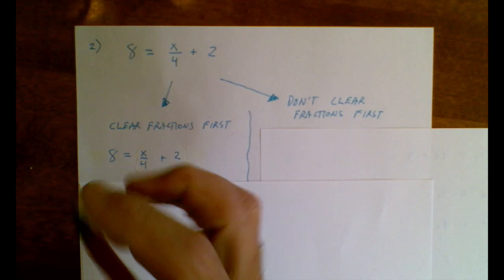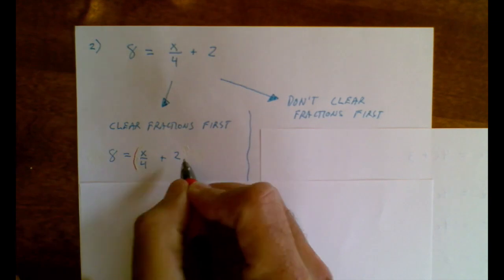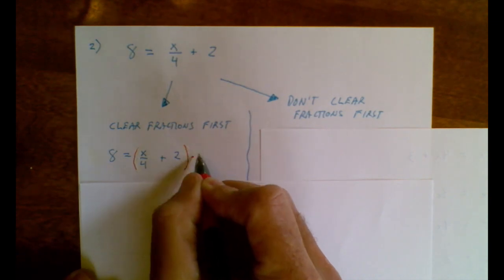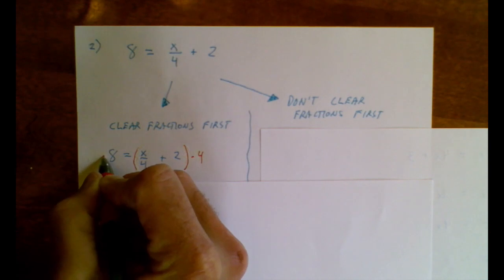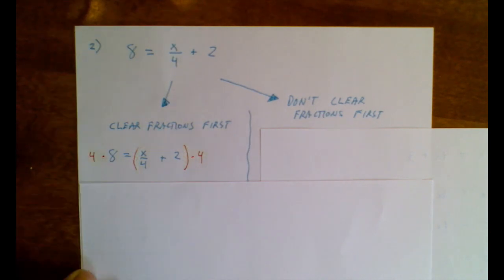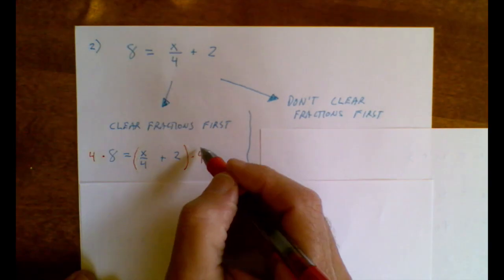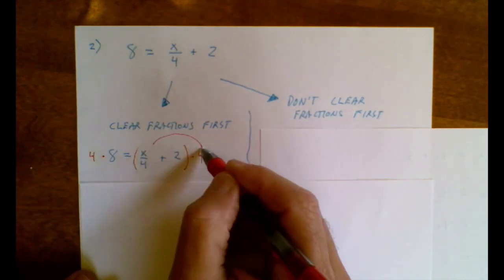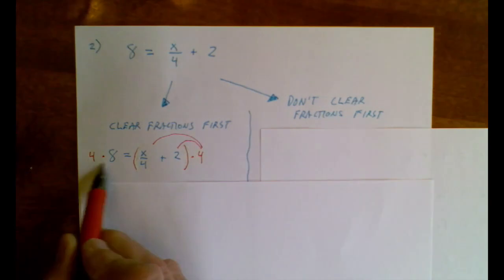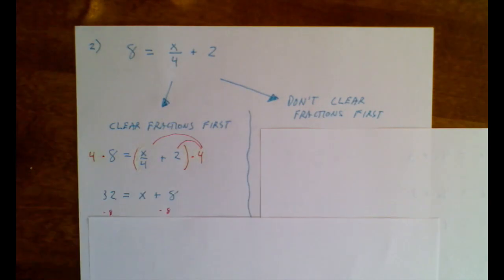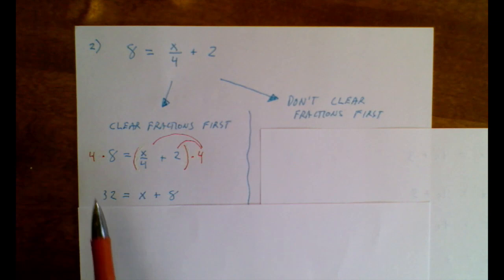Here's my original equation. To get rid of the 4, I multiply the entire right side by 4. And remember, in an equation, anything you do to the right side, you must do to the left side. So when I do that, this 4 has to distribute to both pieces, whereas these two just multiply. And here's what I would get.